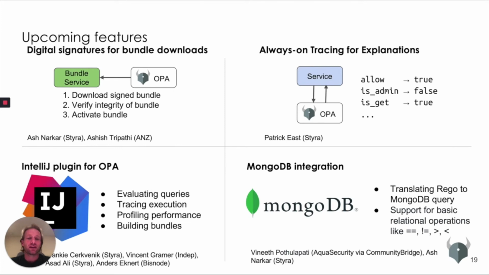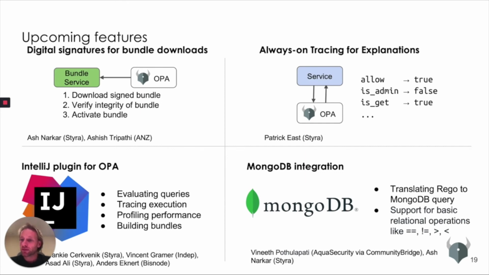And so one of the things we're working on is ensuring that each time OPA makes a decision, it can provide a little bit more information back to the service if requested that explains why that decision was made. So in this example, what we might do is just say for each of the virtual documents, for each of the variables that are used in the policy, which ones were actually successful and which ones were not. And so if you structure your policies correctly, that's a good way of getting a basic explanation out. Thanks to Patrick for working on that.